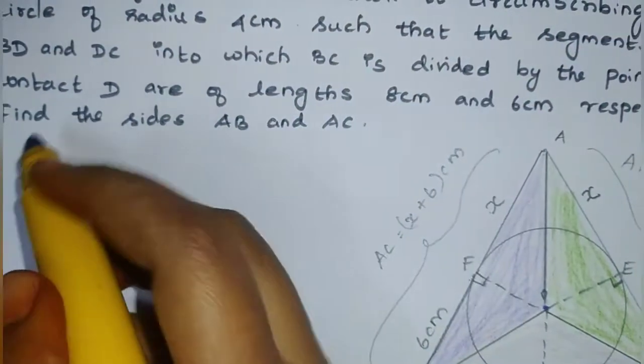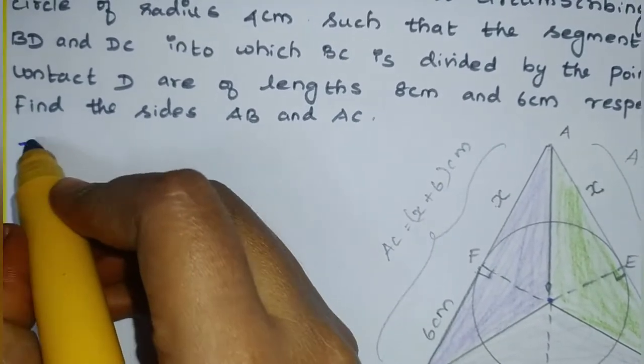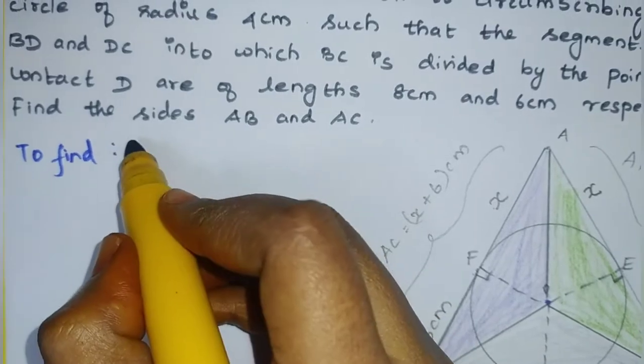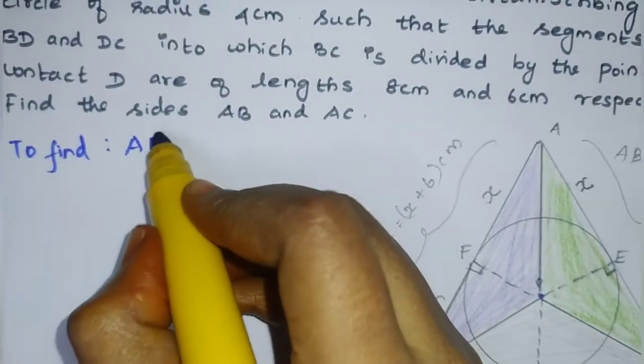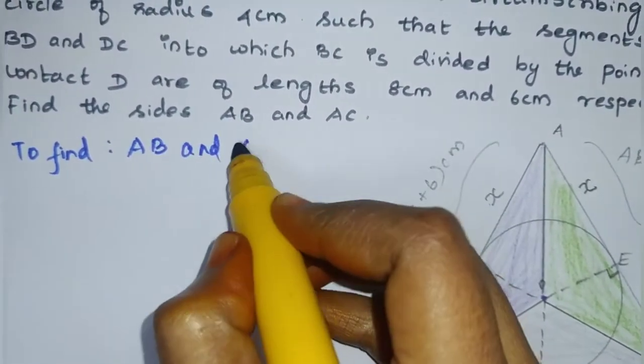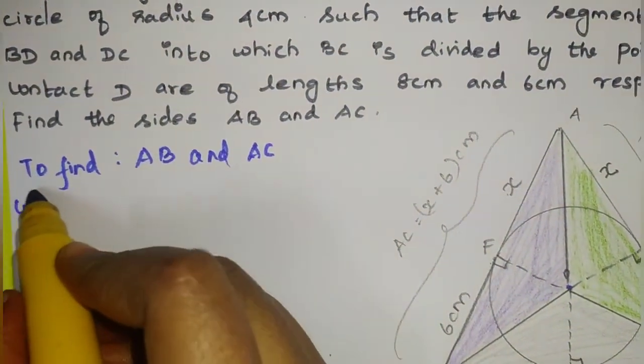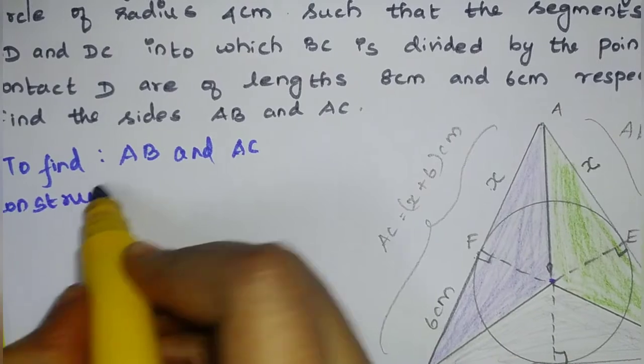First, given, you have to write from the question, and what you are going to find. Find AB and AC. This only you are going to find. Construction: what are all the things we joined?